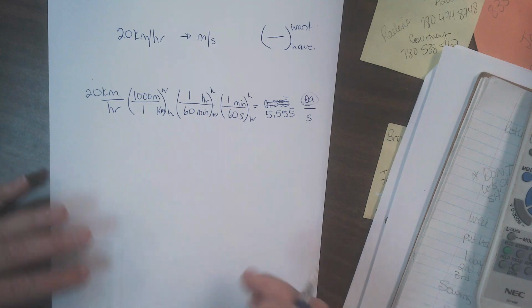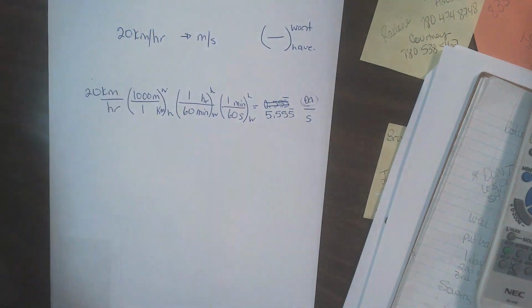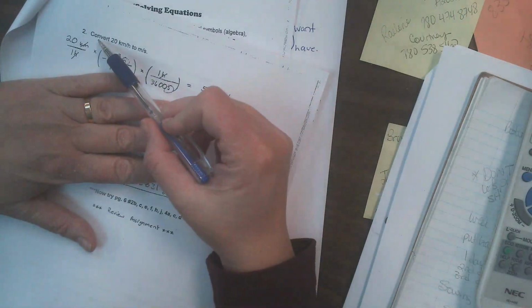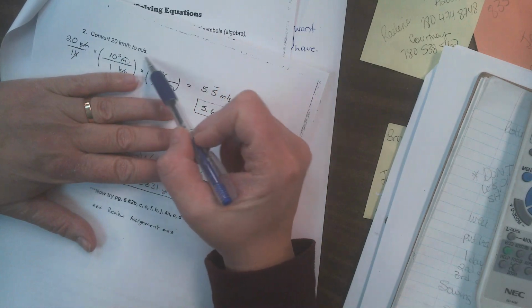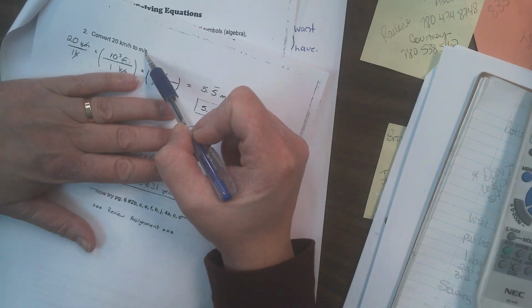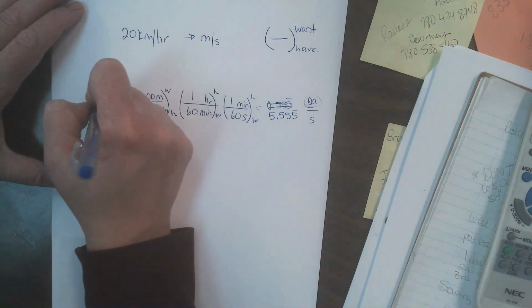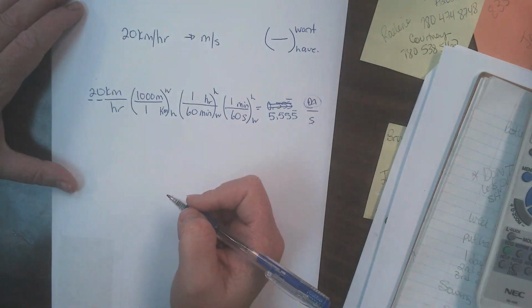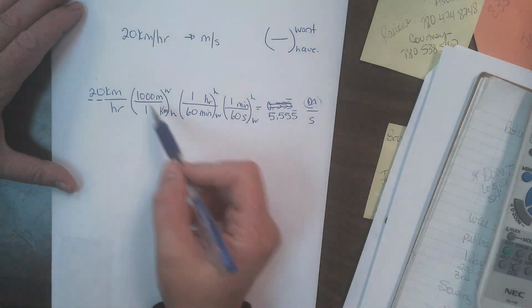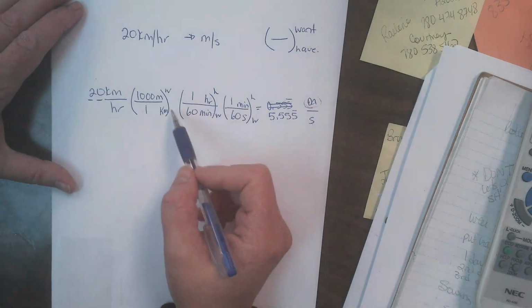When I go back to my original question, it says convert 20 kilometers per hour to meters per second. Oh my goodness. I can only have how many significant digits? 2. These ones here in between, these are static.